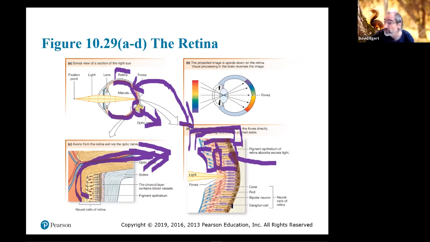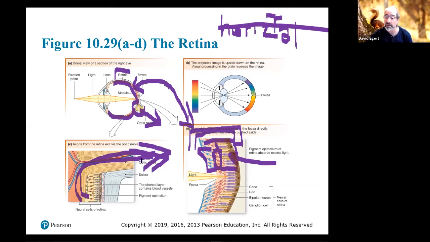There are also horizontal cells in there that are important, and amacrine cells. So there are miles and miles of axons and stuff intertwining in the retina. The retina is very different from the other transducing elements, receptors, we've seen.